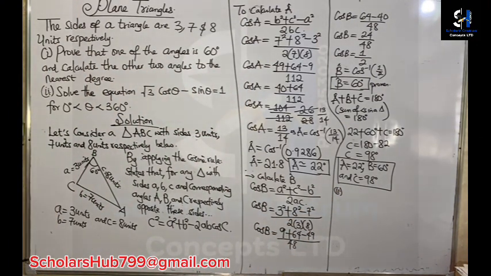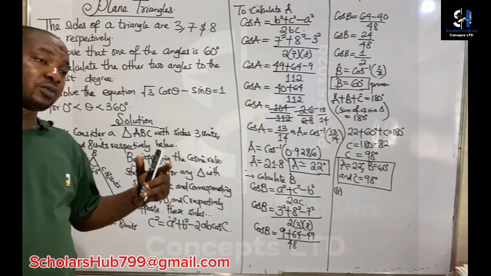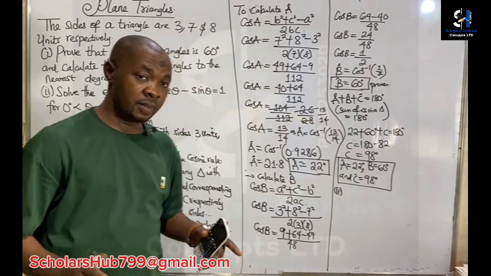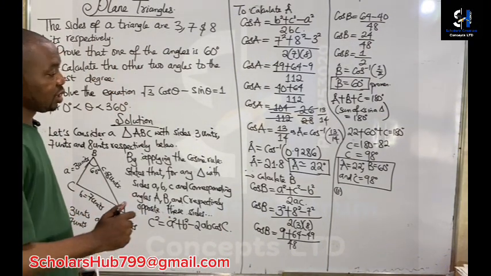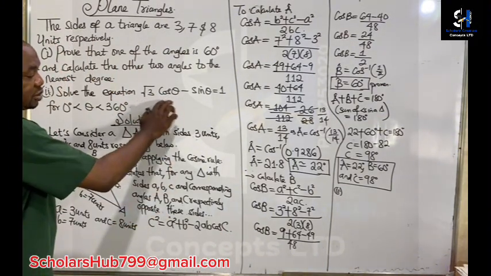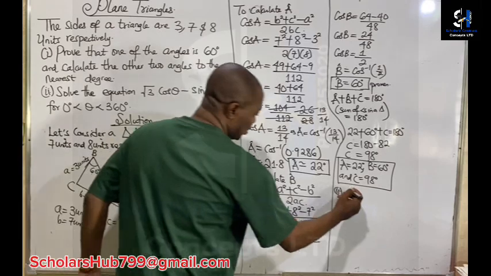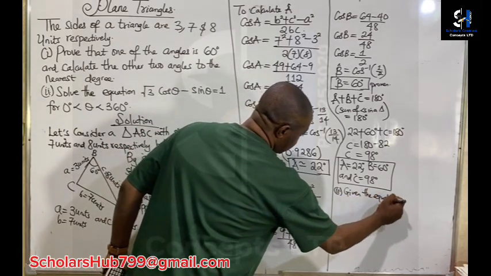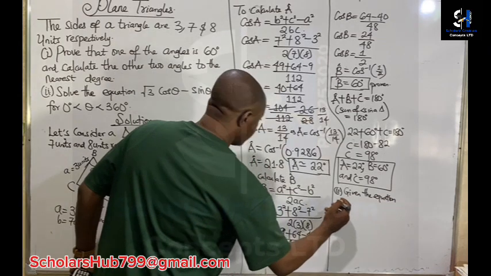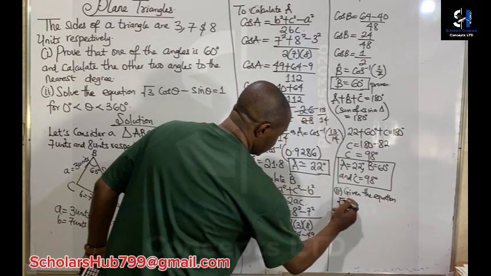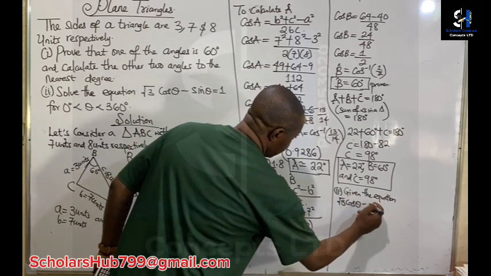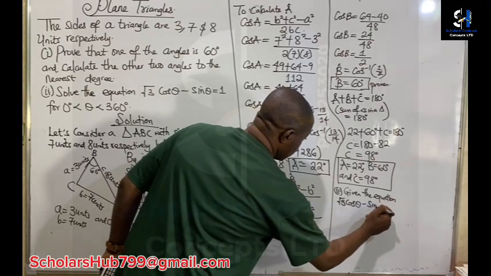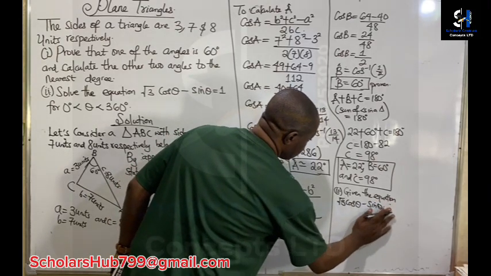The first thing we need to do here is to recall one of the compound angle formulas. We're given the equation radical 3 cos theta minus sin theta equals 1.